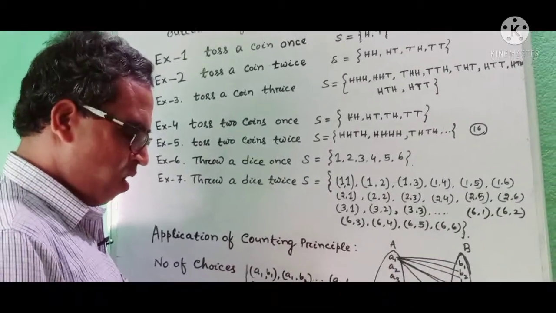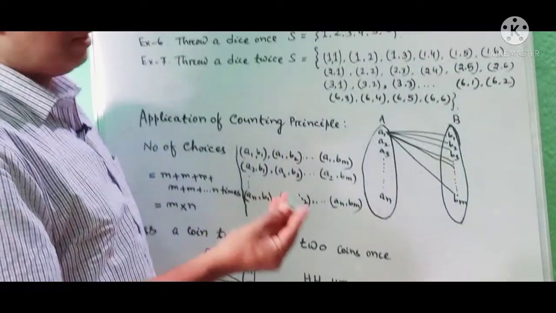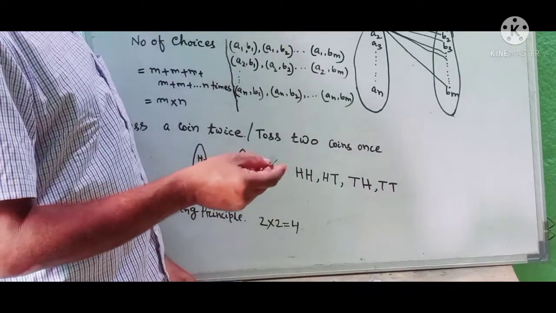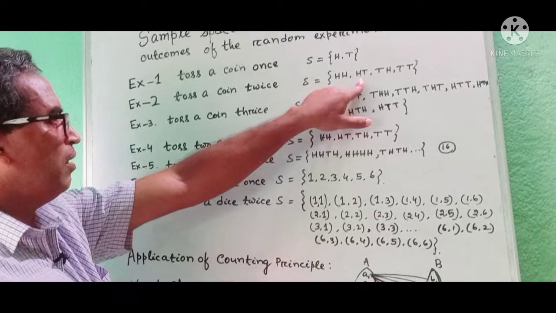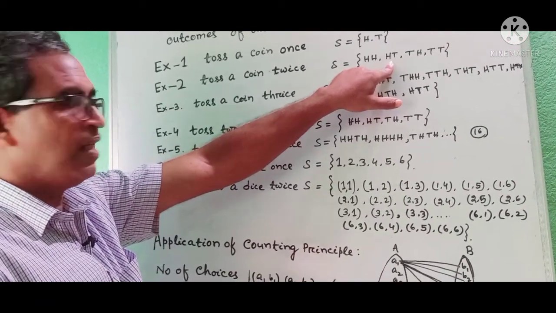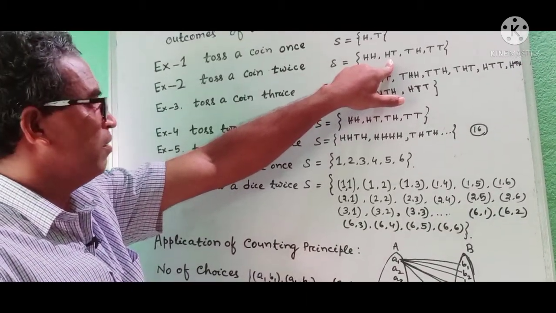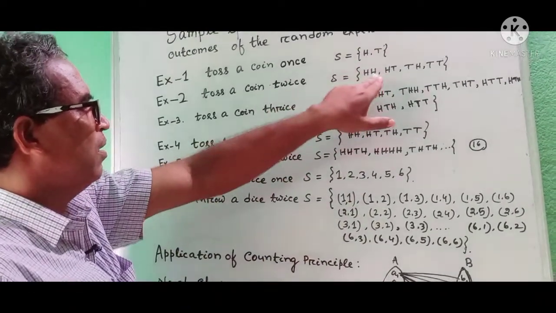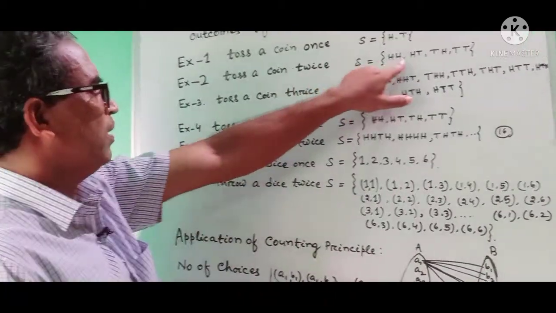Now I got head, then tail. I have completed the second experiment. HT is the outcome, HT is the result. Similarly, you can get all the outcomes: HH, HT, TH, TT. So the sample space will be this.